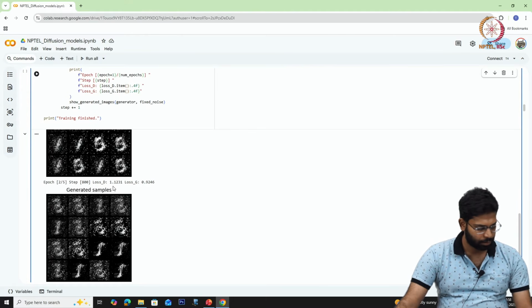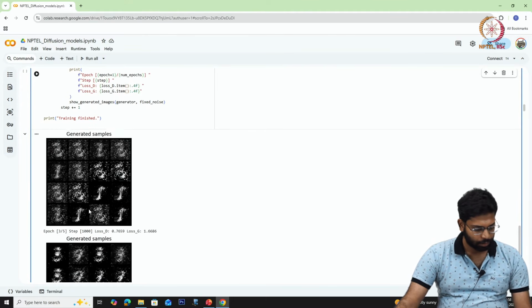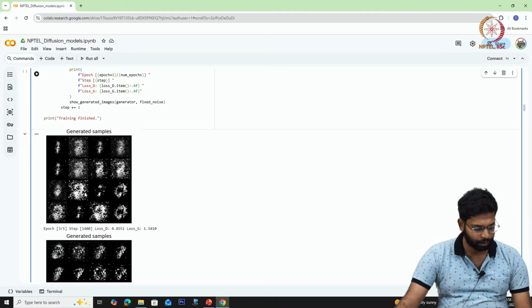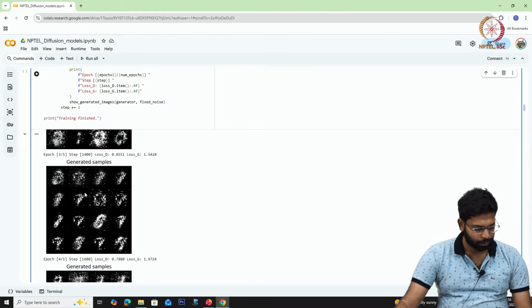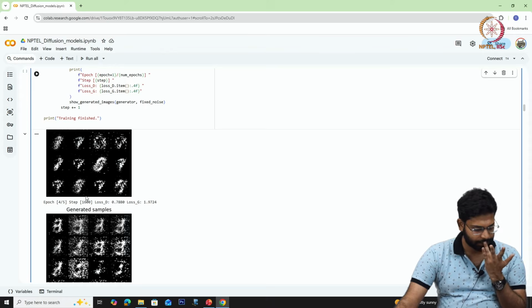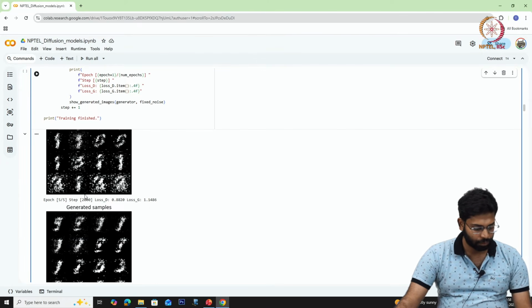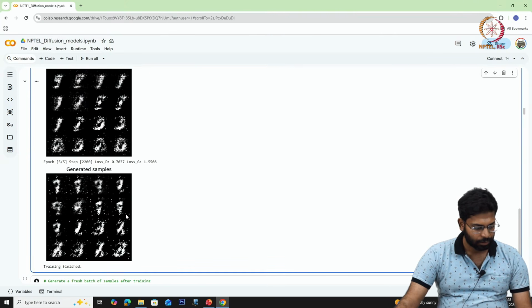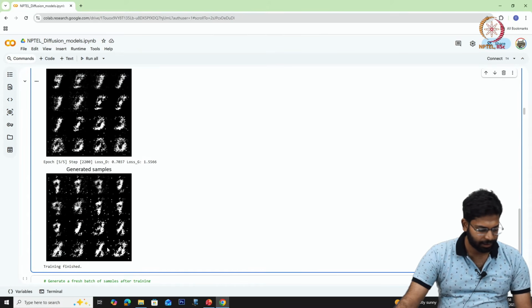If you go till epoch 5, you can see that the images look somewhat real looking. You can detect them as something like an 8 here, something like a 9 here.